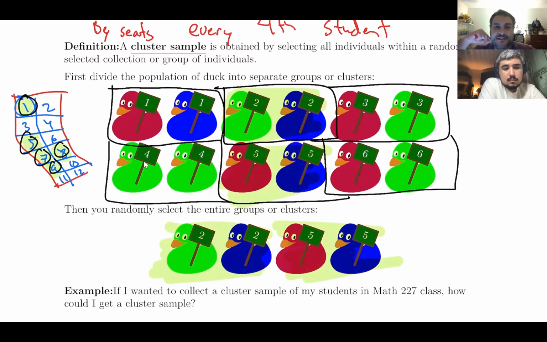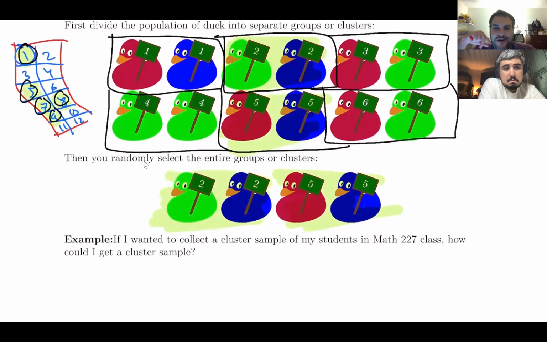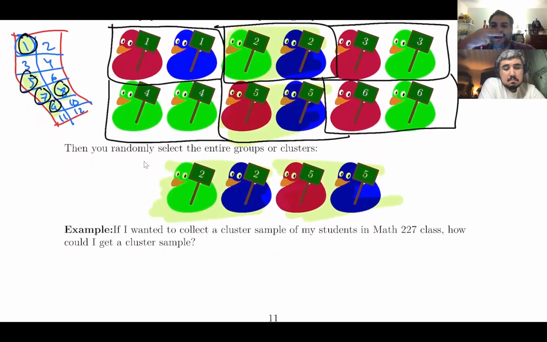Any questions in regards to this cluster sample? All right. So if I wanted to do a cluster sample, you want each cluster to have the same sample size, because you don't want one cluster to have a bigger sample than the other.